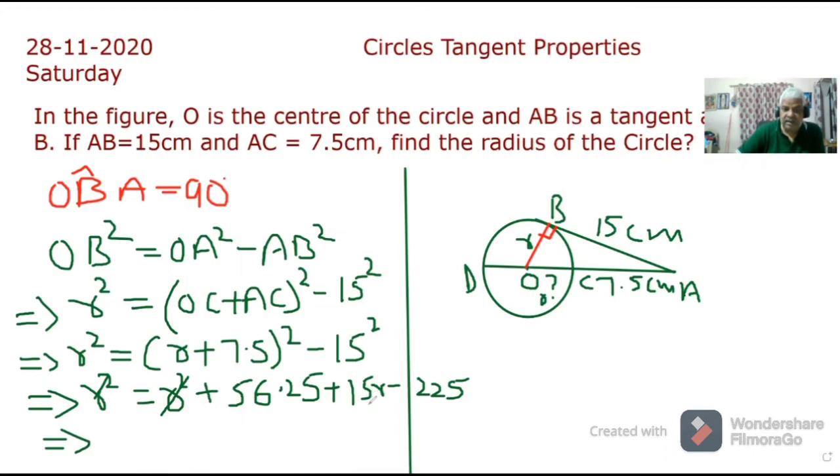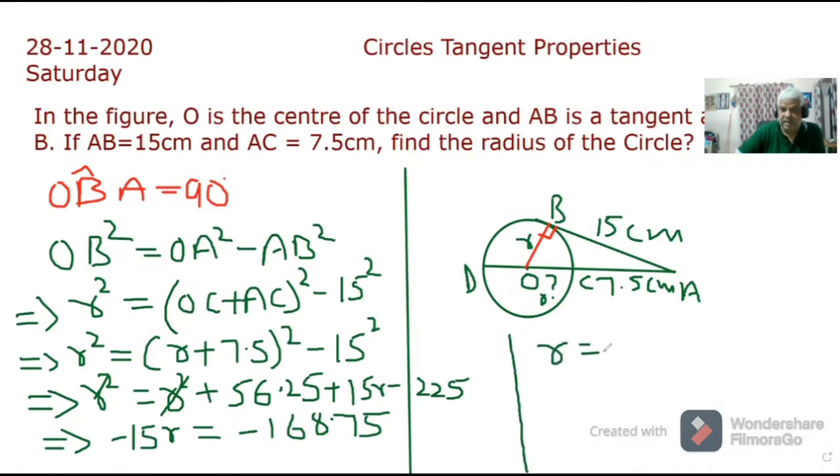Therefore, what you are getting, my dear children, is 56.25 plus 15R minus 225. The 15R I shift first, minus 15R equals, now you have to subtract 225 and 56.25. What you are getting is minus 168.75. Therefore, on both sides the minus will get cancelled.